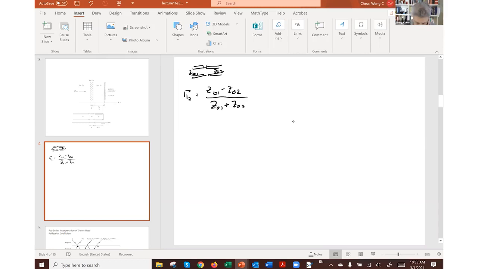I believe that the minus sign should be here, because when I make Z02 equal to 0, I should get a negative reflection coefficient.